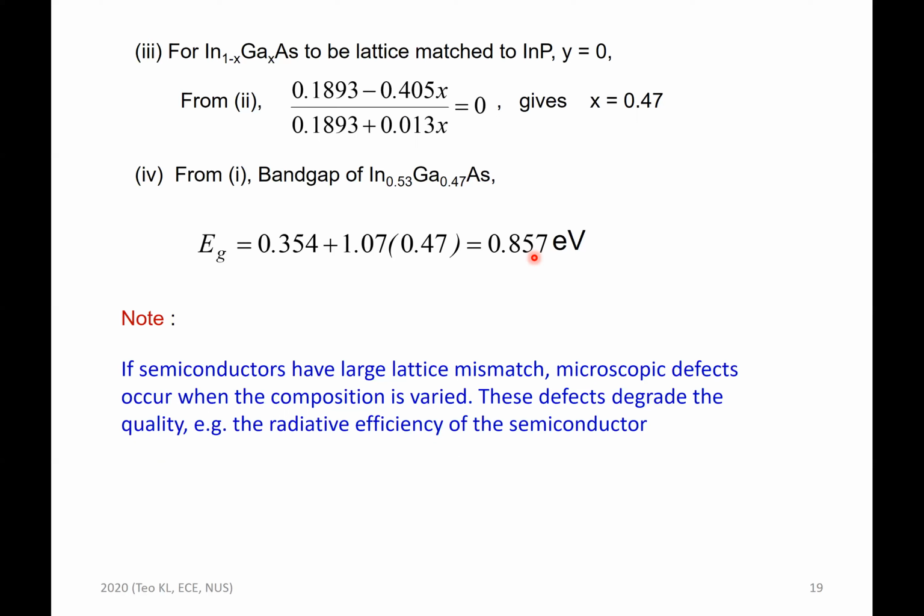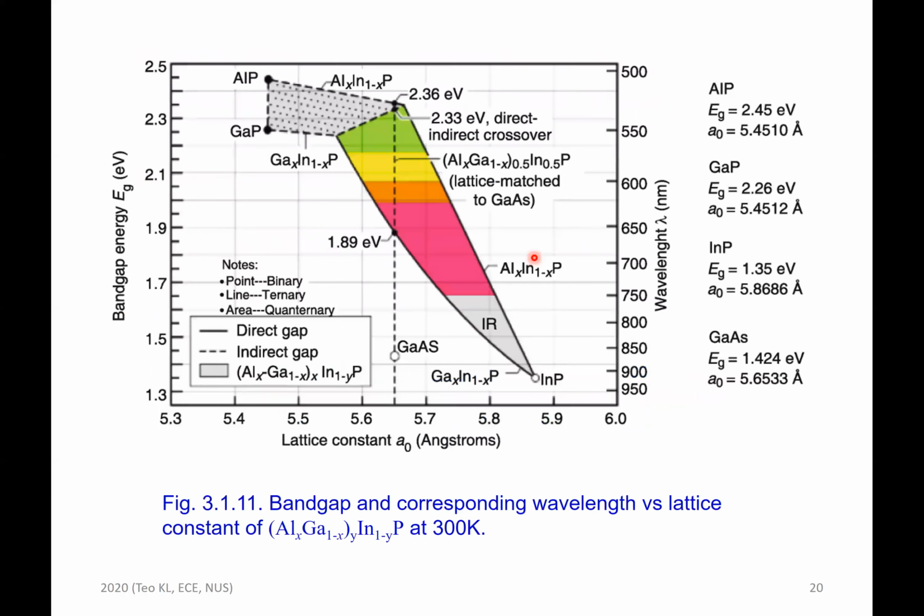Such a defect could be a microscopic defect, a misfit dislocation, and such a defect will especially propagate from the interface into the film. You'll degrade the quality of the film, and especially if you want to use the film for a light emitting diode, you will reduce the radiative efficiency of the semiconductor.